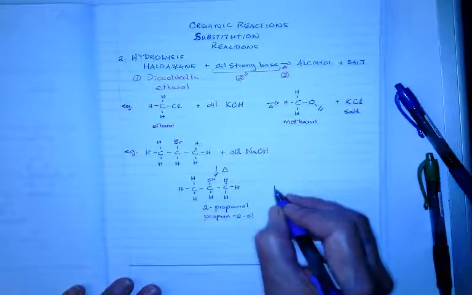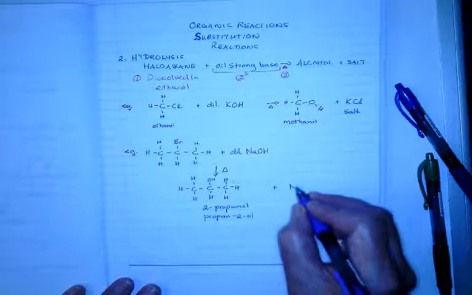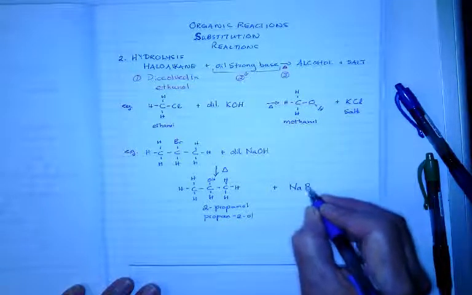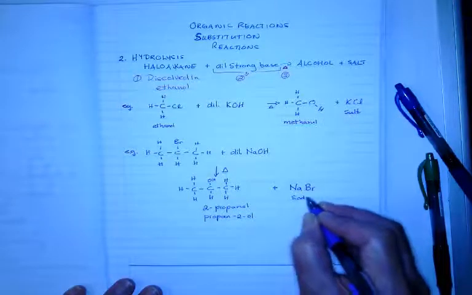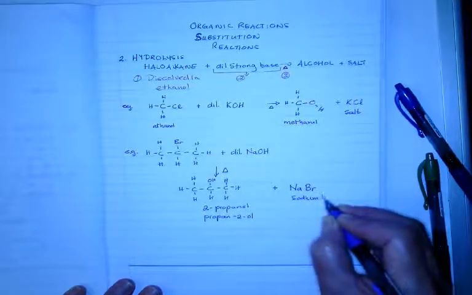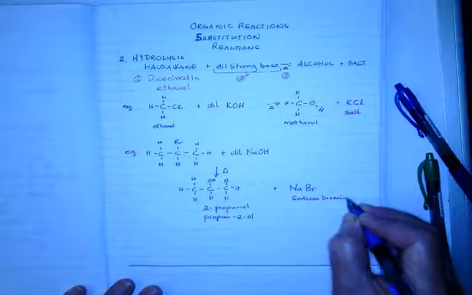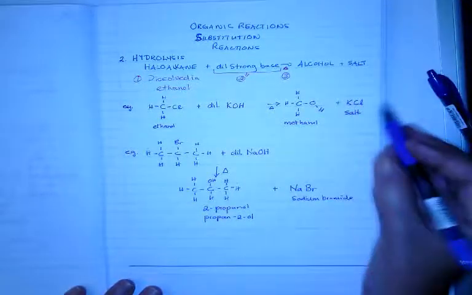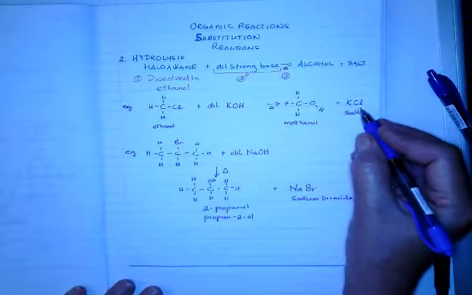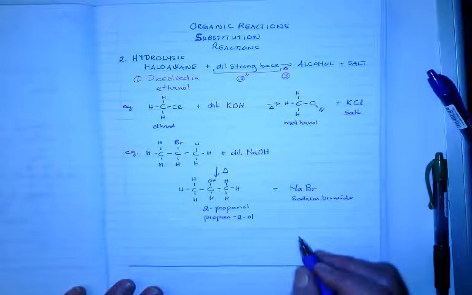And the salt that will form would be sodium bromide. A salt is sodium bromide here, anything where a metal has joined to a non-metal, like the sodium bromide or the potassium chloride there, will be called a salt.